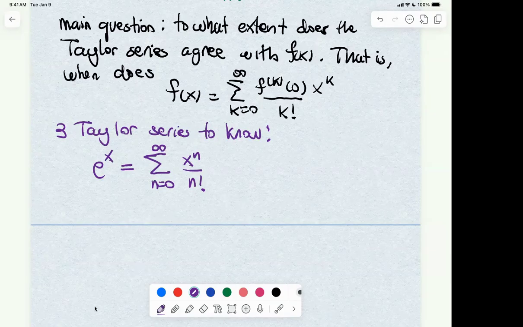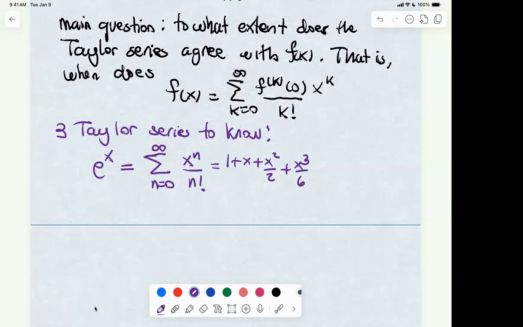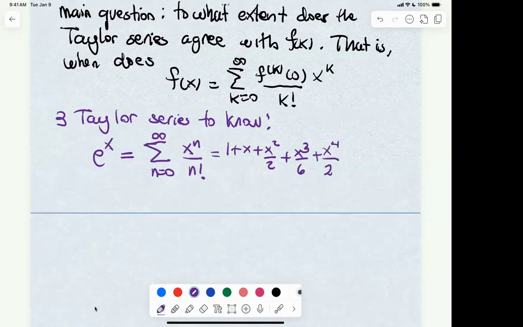So if you do n equals 0, n equals 1, n equals 2, things like that, you get 1 plus x plus x squared over 2 plus x cubed over 6, because it would be 3 factorial, and 3 factorial is 3 times 2 times 1, so that's where the 6 comes from. Then x to the 4 over 24, plus x to the 5 over 120, et cetera.